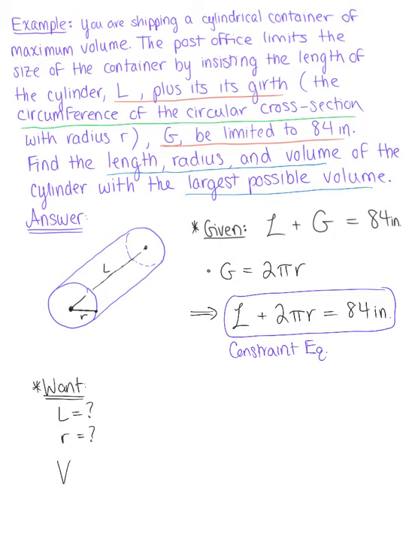And then we want the volume of this cylindrical container. We know the volume of a cylinder is pi r squared multiplied by the height, which in this case is multiplied by our length. So this volume equation is going to be our objective.